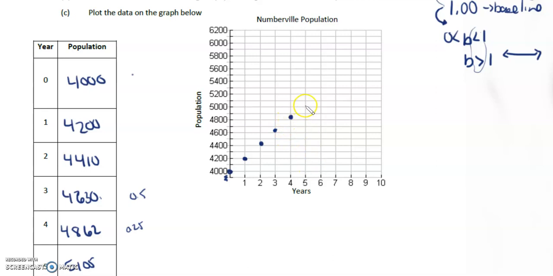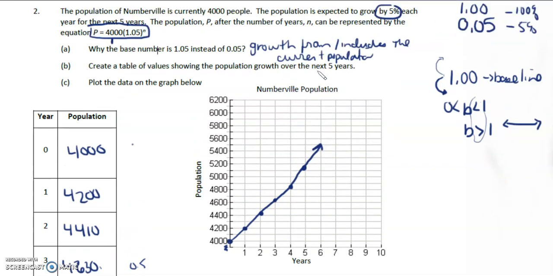And after 5 years, there's 5,100. So this is actually a curve, and it's going to continue to go. We can call this curve P, or we can call it P equals 4,000 times 1.05 to the exponent n.